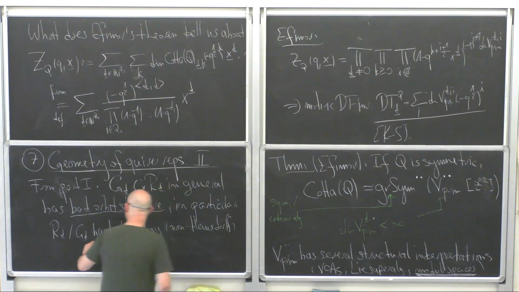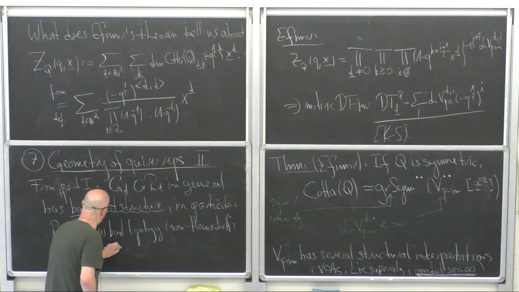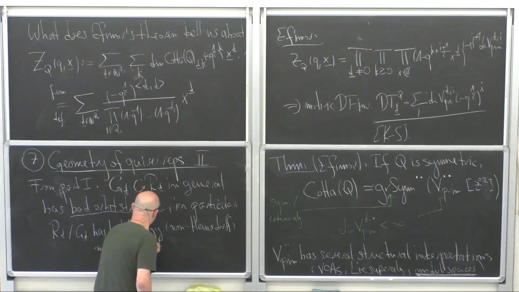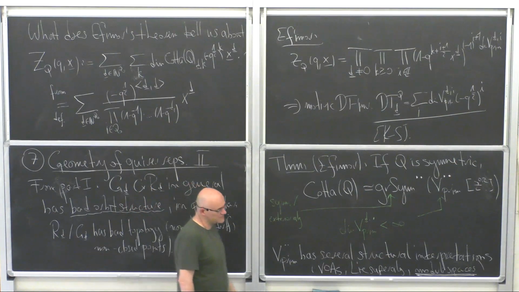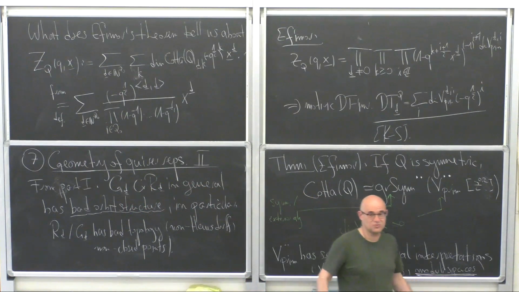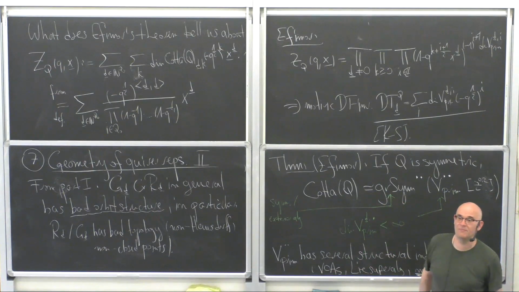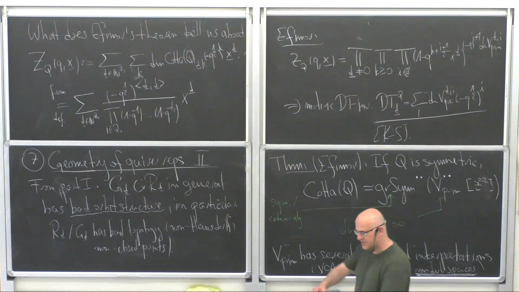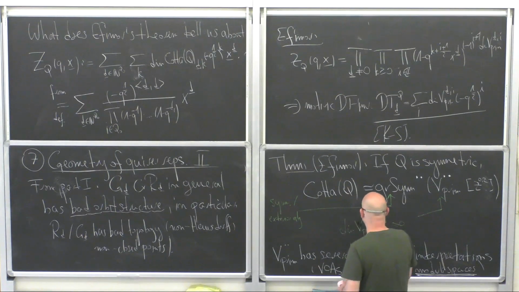You have non-closed points even. So these are not the spaces you want to do topology or even, I don't know, analysis or differential geometry on. You don't want to deal with non-closed points or points which you cannot separate.